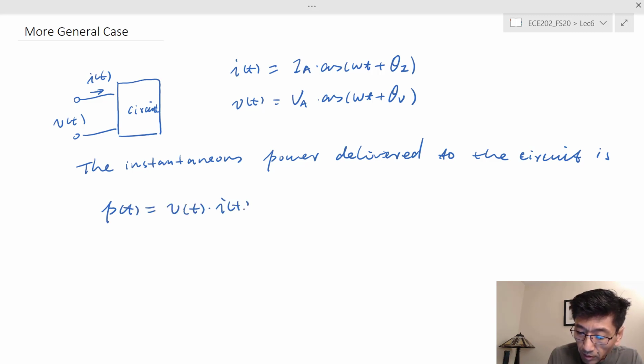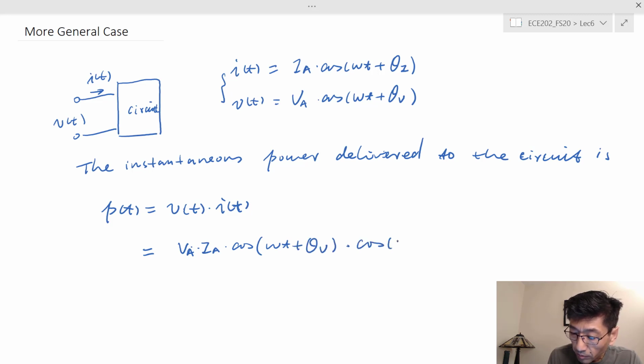The same thing as we did for all the other elements, but now we have a more general case. So if we substitute this v and i here, we get V sub A times I sub A, times the two cosine functions: cosine omega t plus theta V, and cosine omega t plus theta I.